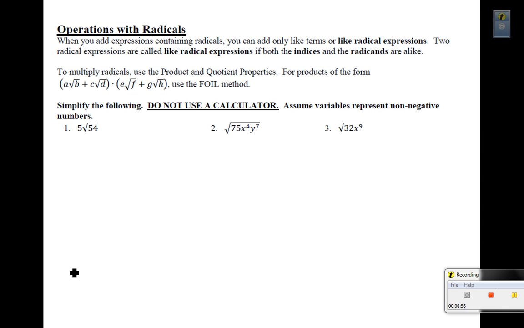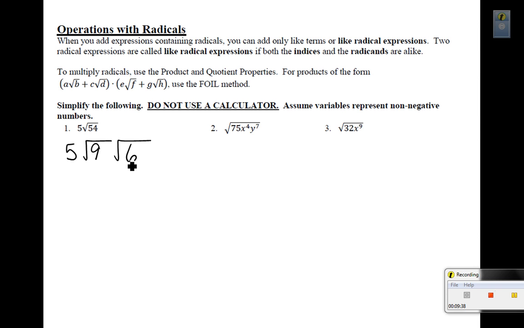So look at your number 1. I've got 5 times the square root of 54. I need some number that we know the square root of, and you don't get your calculator, times some number that we don't know the square root of. I'm going to think of 54 as 9 times 6.